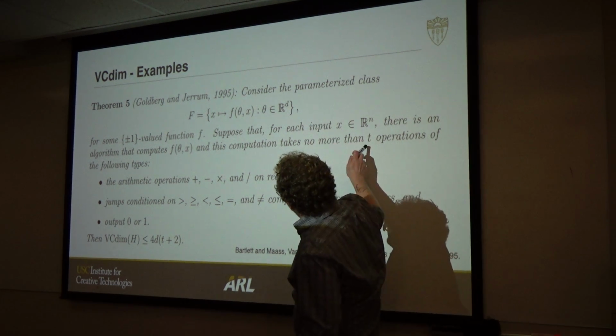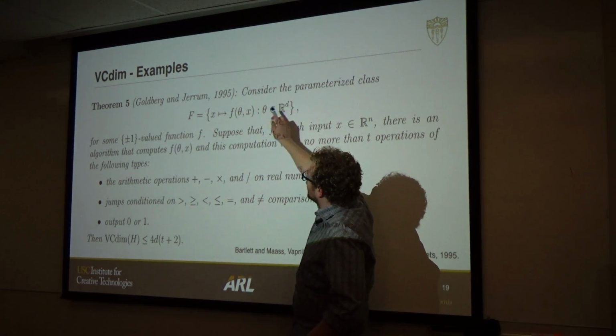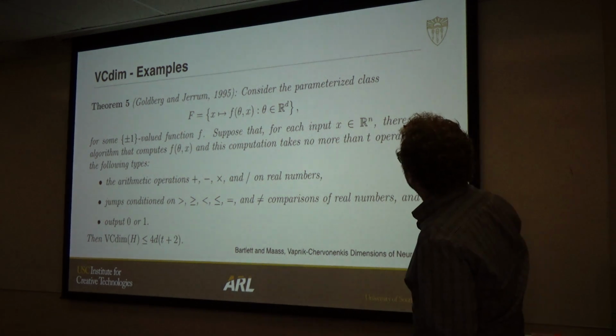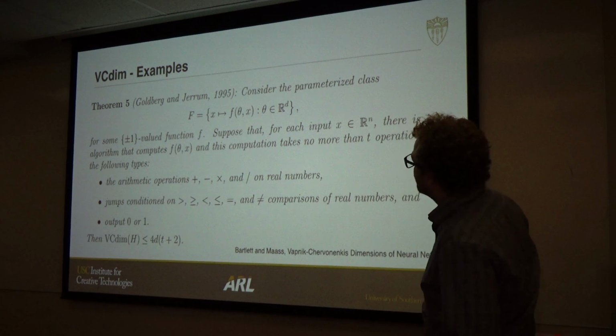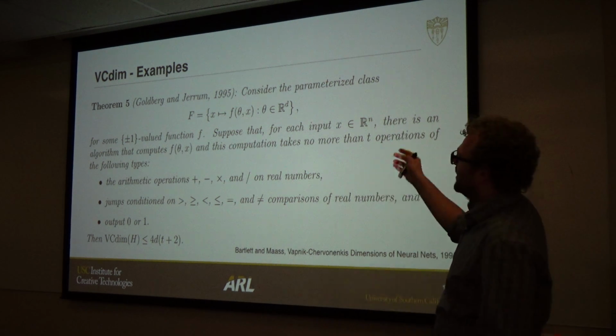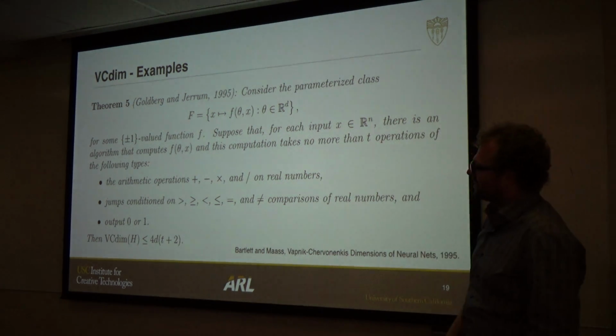No more than t operations, so it's dependent on t, and then this is the dimension, like it's the dimension of the input, I think. Yeah. So it's a parameter depending on how many operations and how many dimensions this function can have.